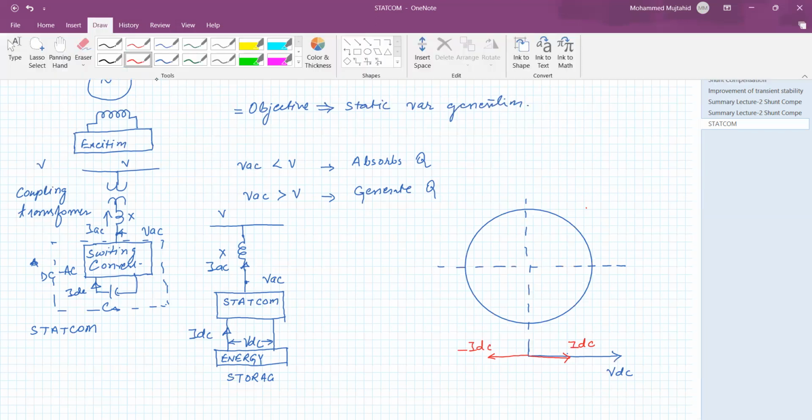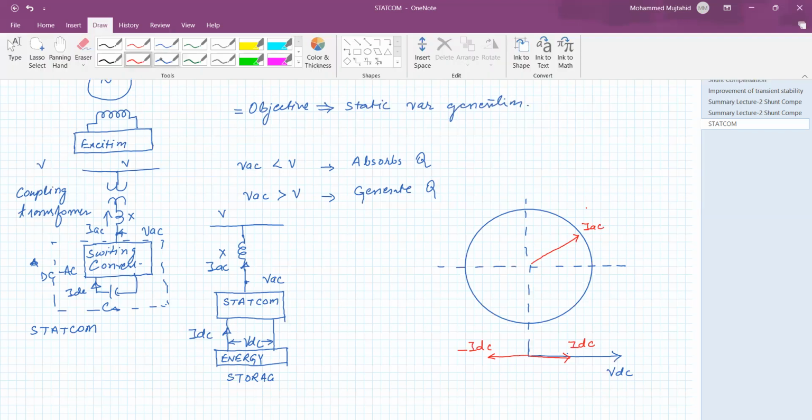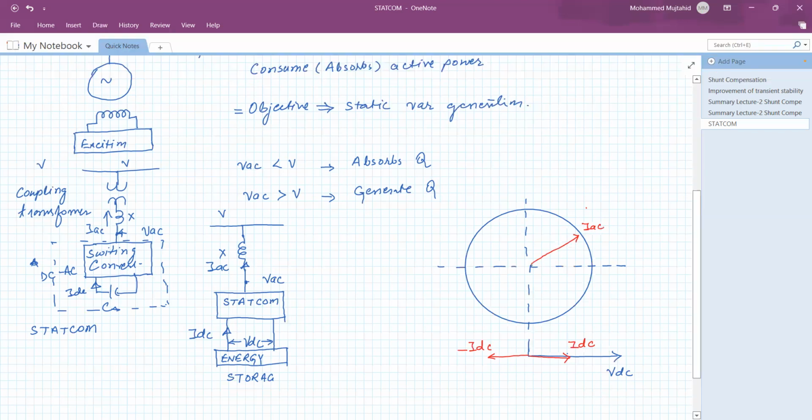Say this is the current IAC, and this is the voltage VAC. Now see, in this diagram, we are assuming that when the DC current is delivered, it is positive, therefore IDC and voltage also positive.